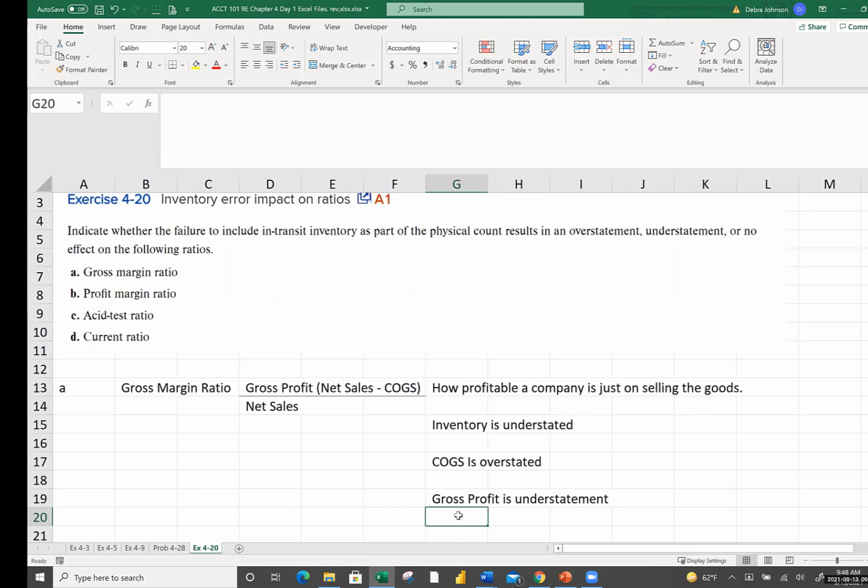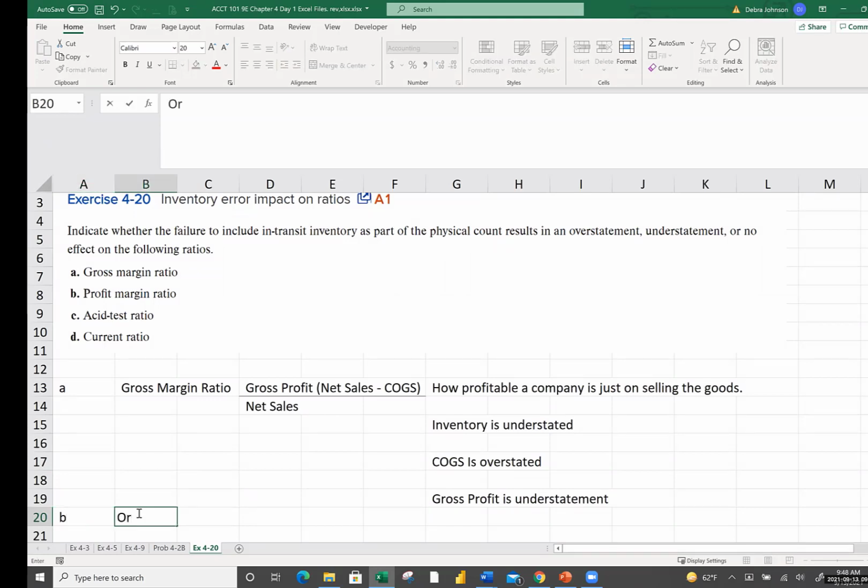They're always opposite. So not including that inventory that might be in transit, but you own, would cause a gross profit misstatement. Your gross profit would be too low. Is that easy? No, you have to think through the transaction. And again, it will become more apparent in chapter 5.